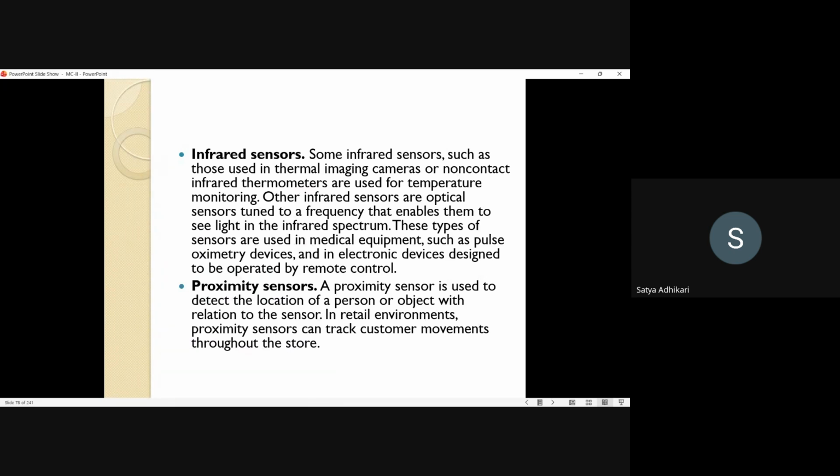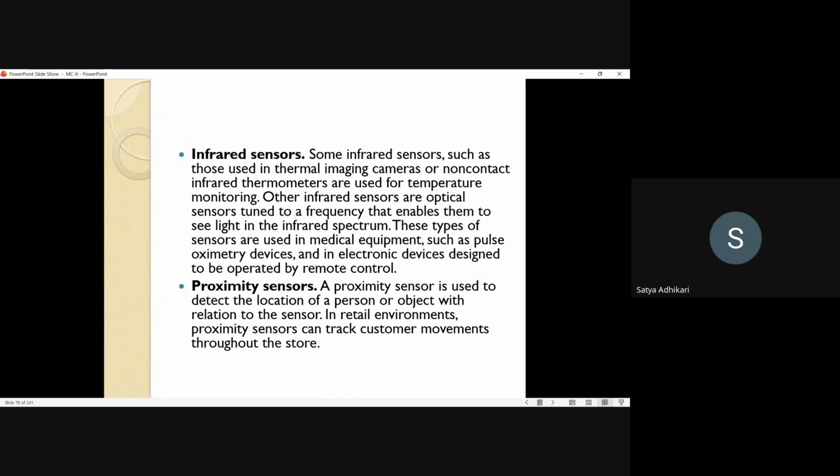Other infrared sensors are optical sensors tuned in the frequency that enables them to see light in the infrared spectrum. This type of sensor is used in medical equipment such as pulse oximeter devices and electronic devices designed to be operated by remote control. So this is also something we are using in our home.